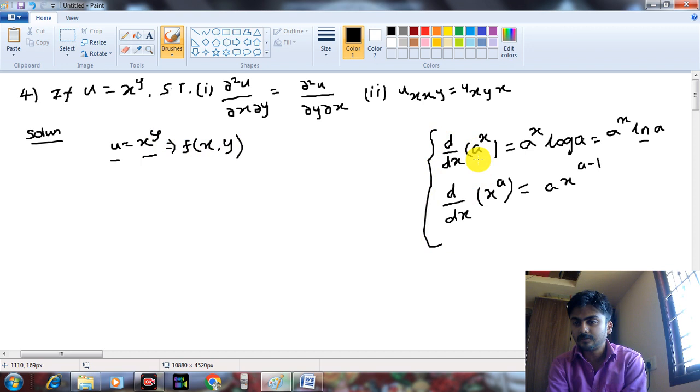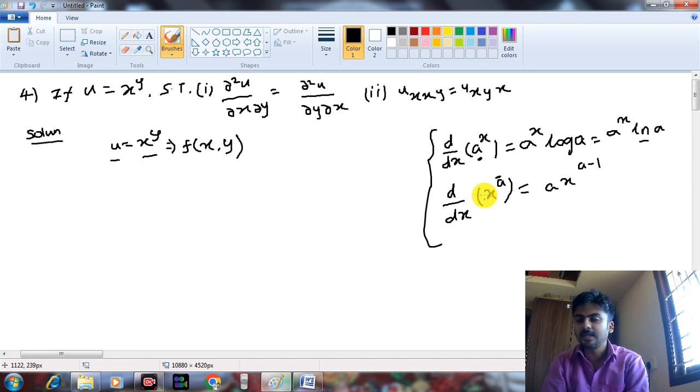At least we should have one constant. Either the constant is in the base, then the variable will be in the power, or the constant is in the power, then the variable will be in the base. It is not possible to differentiate a function having both base and power as variables.